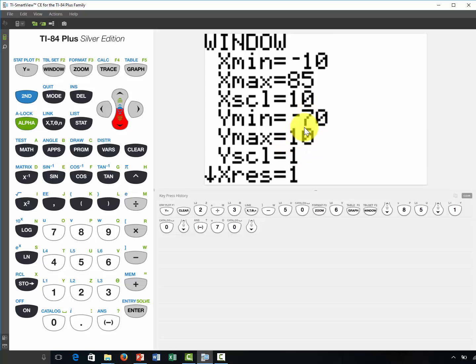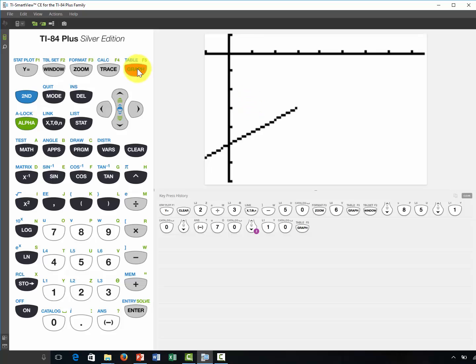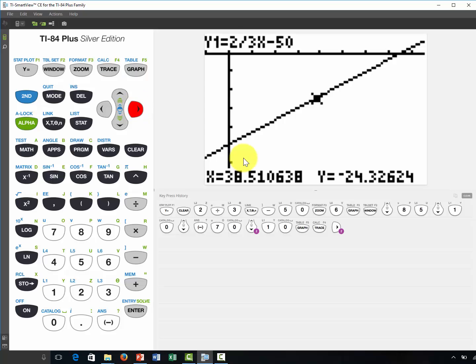This distance between these two values is 80, instead of counting by ones, I'm going to count by 10. Now we hit graph, and we have our equation. I can see my y-intercept, I can see my x-intercept. If I need to use the trace key, I can.